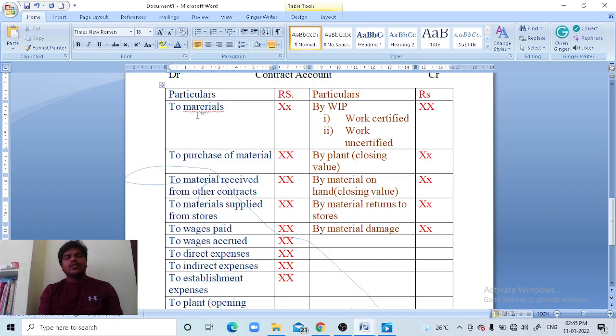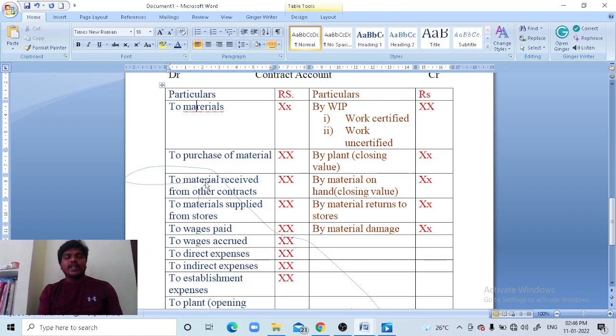So materials means the cost of material used for that particular contract work; we need to take the value of that work. And purchase of raw material: apart from the available raw material, sometimes the contractor may have to purchase additional material for the completion of work, so that is also included here.